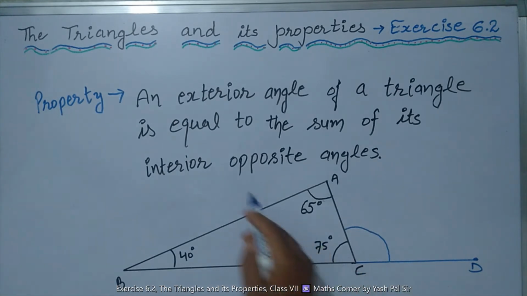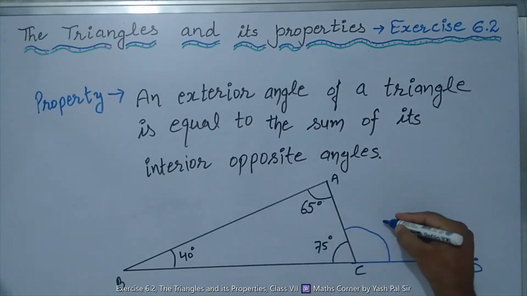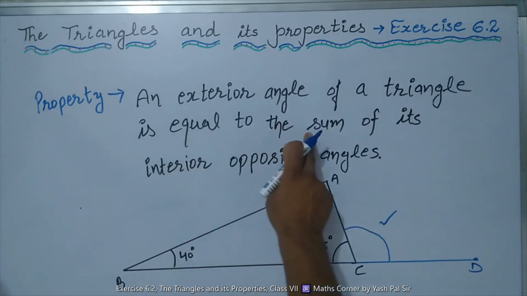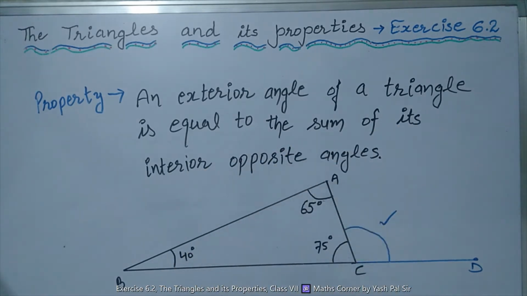What is the next in the property? An exterior angle, that is this angle of a triangle, is equal to the sum of its interior opposite angles. What are interior opposite angles? This is the exterior angle, and the interior opposite angles are this one and this second one.